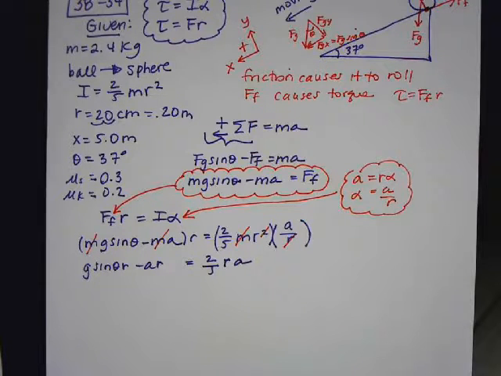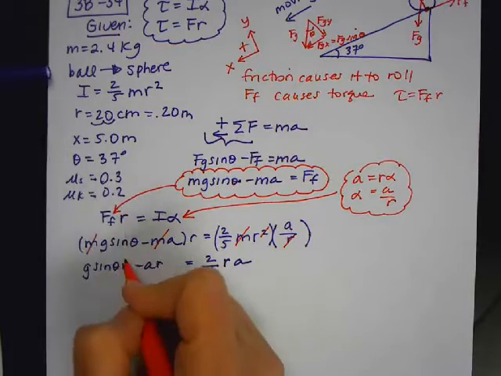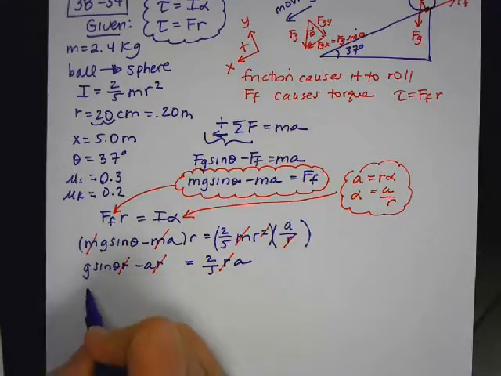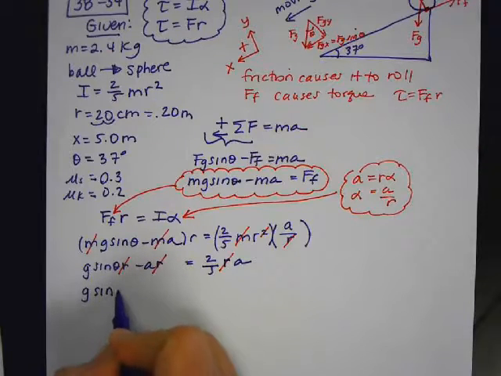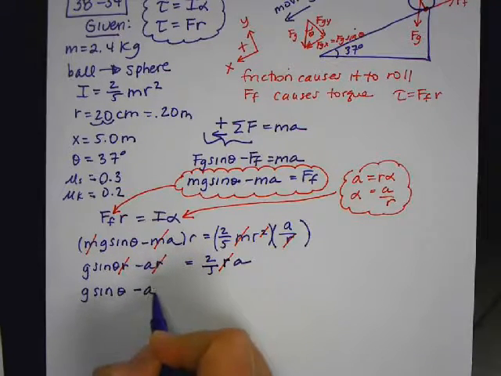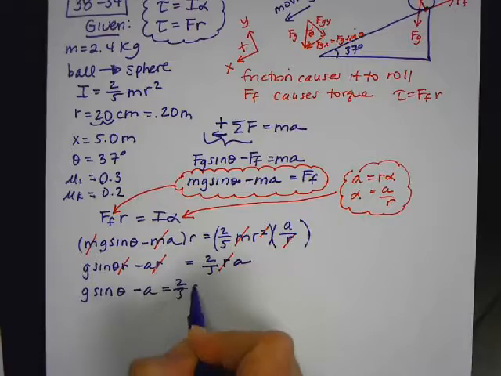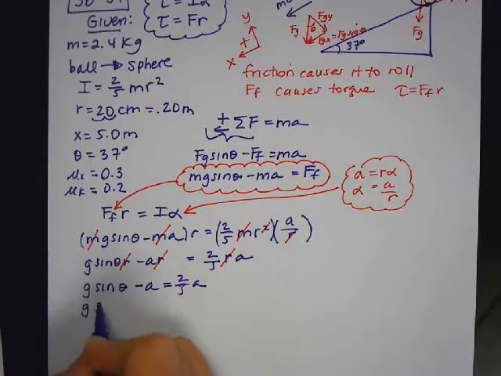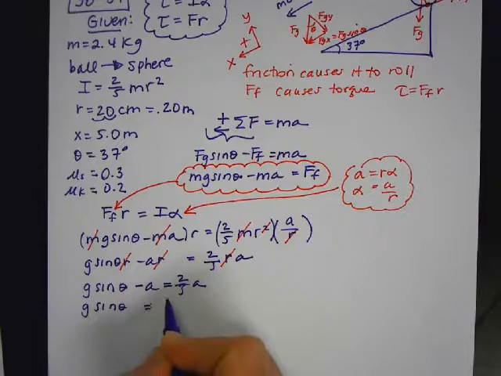Now there seems to be an R in each variable, so let me cancel that out. So now I'm going to have g sine of theta minus A is equal to 2/5 A. So I'm going to move this A on the other side. So I'll have g sine of theta is equal to 2/5 A plus A.